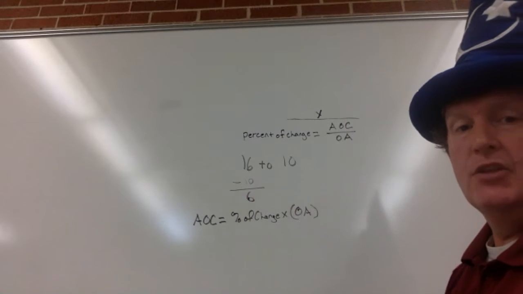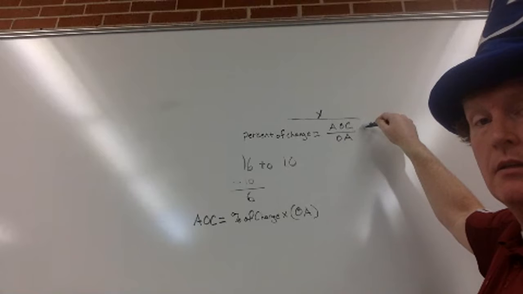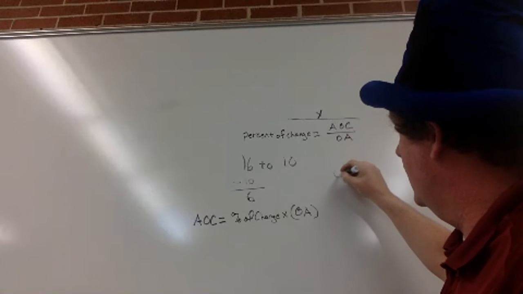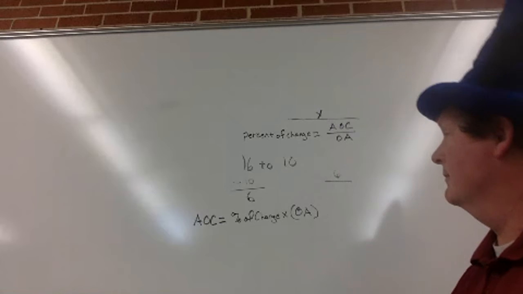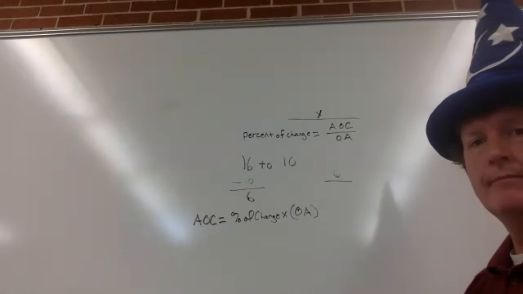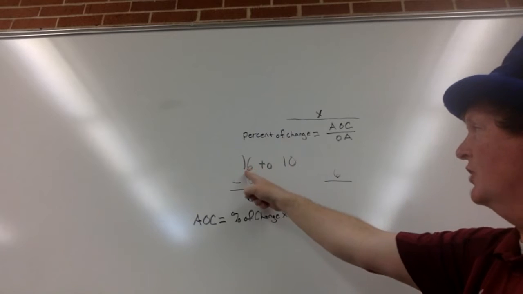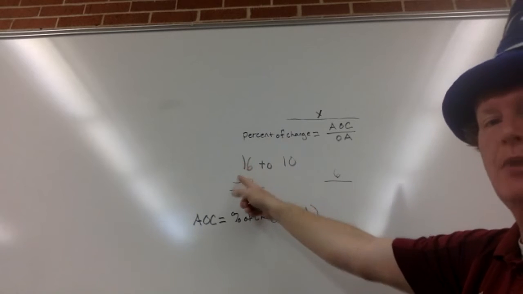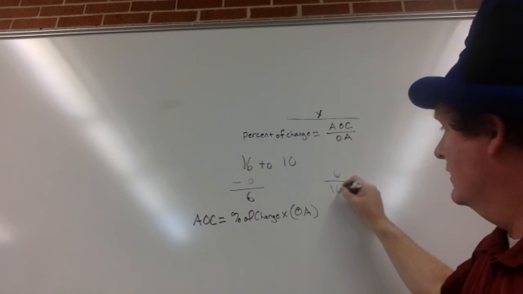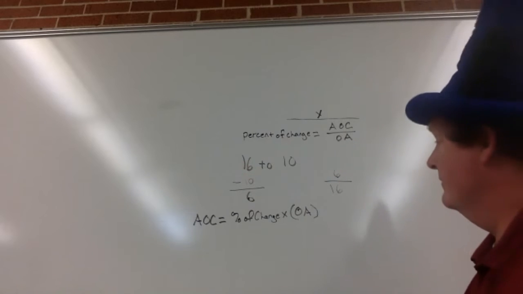Okay, this answer is the AOC. All right, so that goes on the top of my fraction. What number goes to the bottom, Addison? 10. We always use the first number as the original amount, so it should have been 16. I wish it was 10. That would make easy division, but it's not.